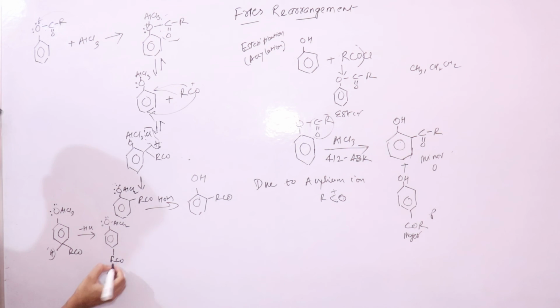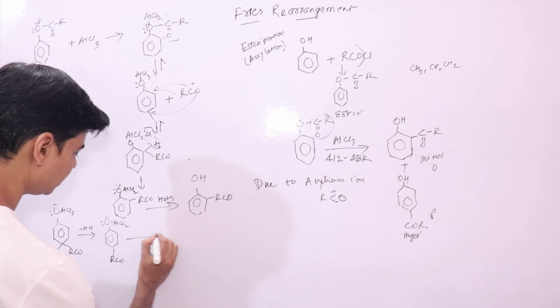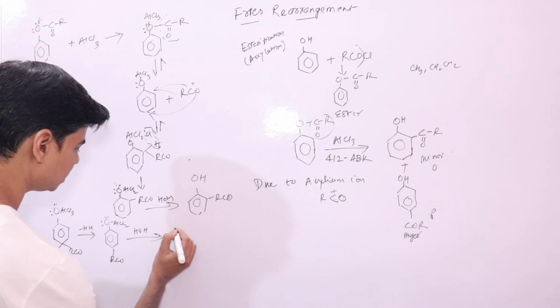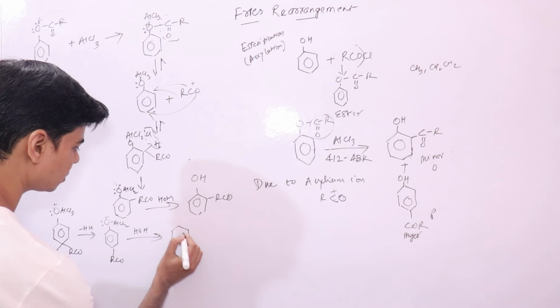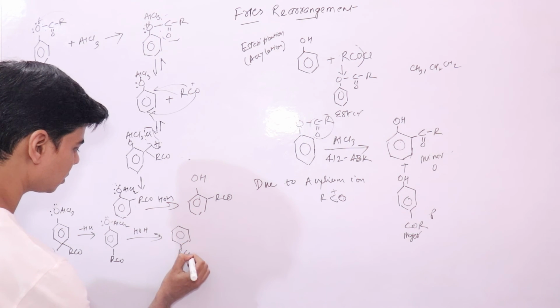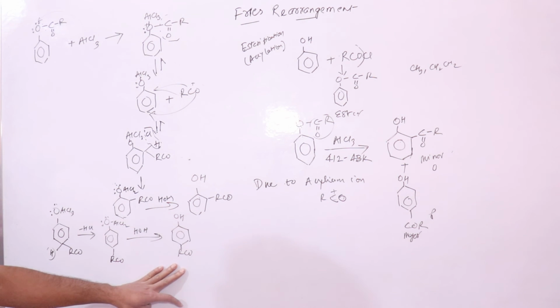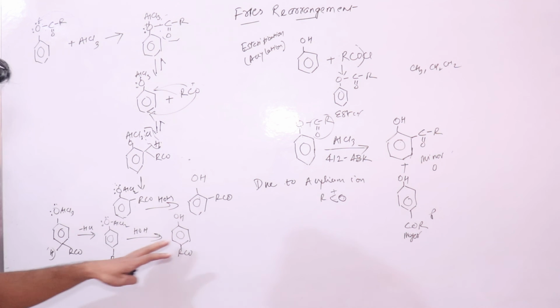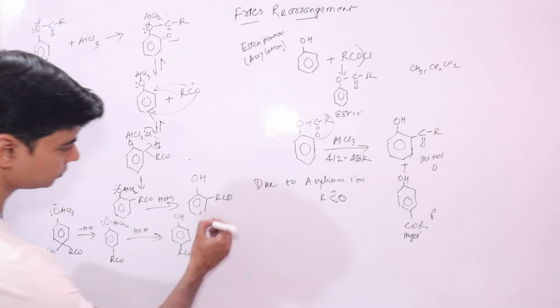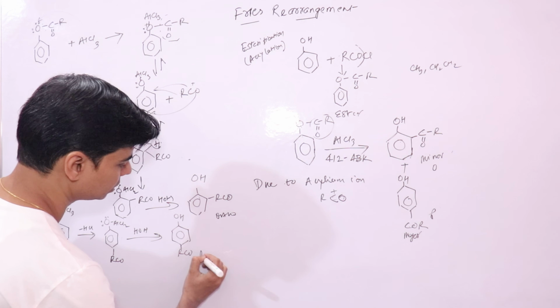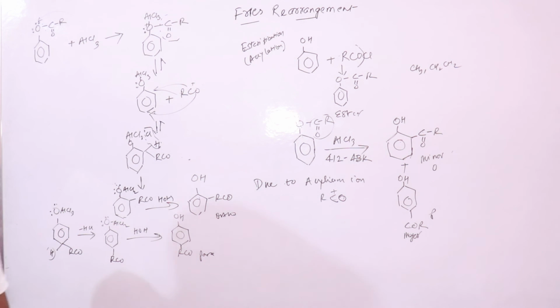Now this will undergo hydrolysis, RCO and OH. This is your para product. This is your ortho product. This is your para product. This is ortho, this is para, and this is your Fries rearrangement.